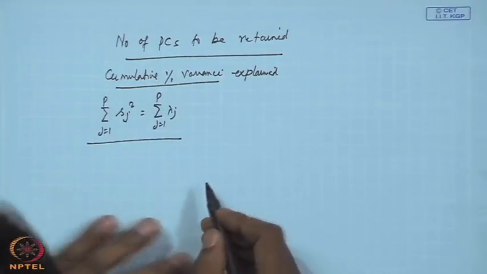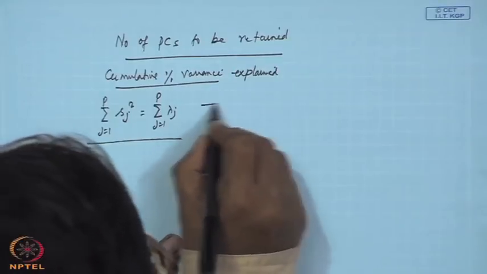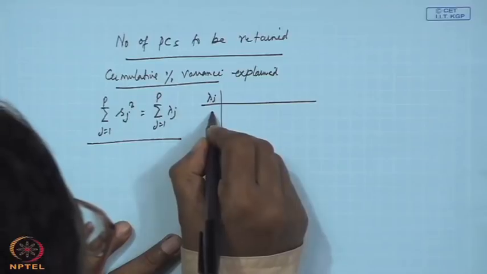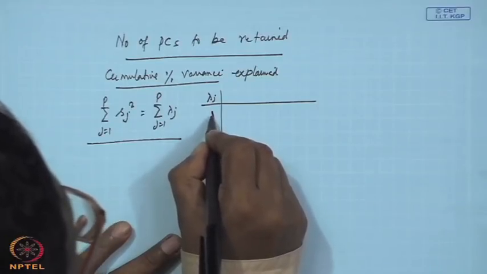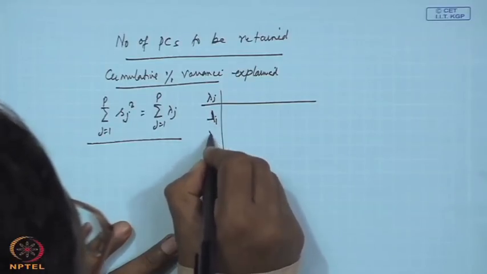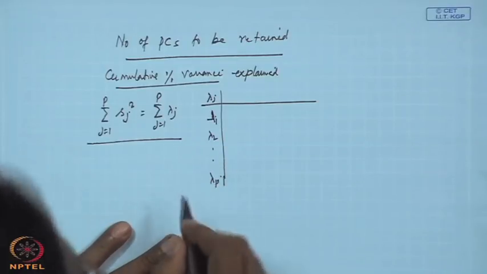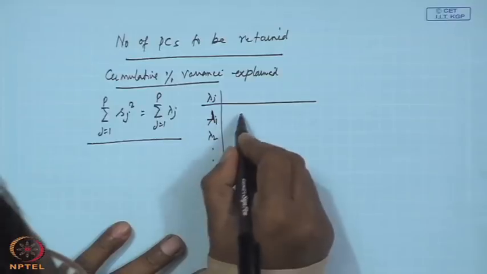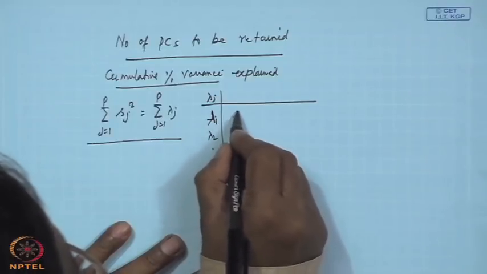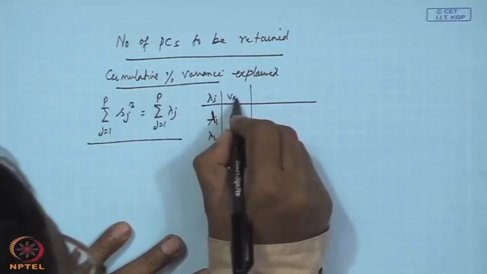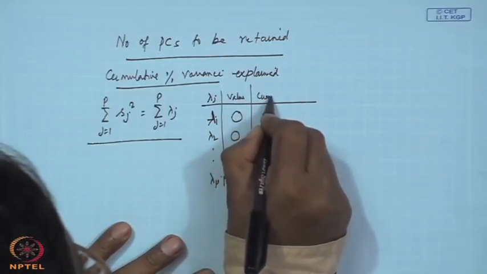So suppose you have lambda 1, lambda 2, and so on up to lambda p. You find the value of lambda 1, then you find the cumulative value.